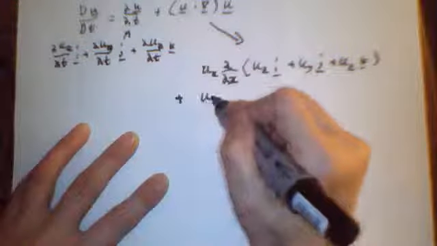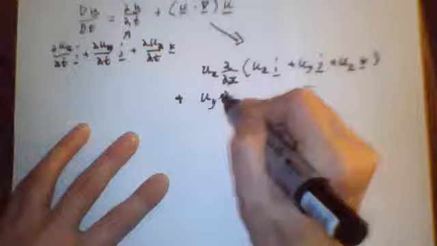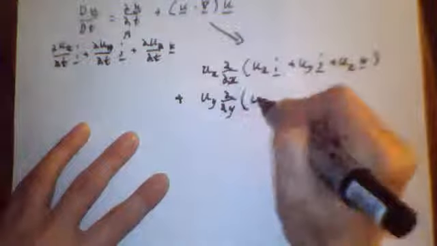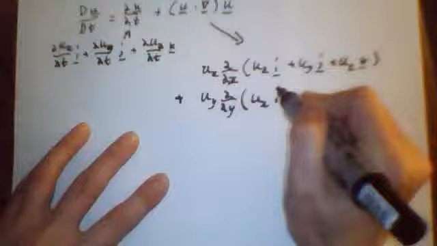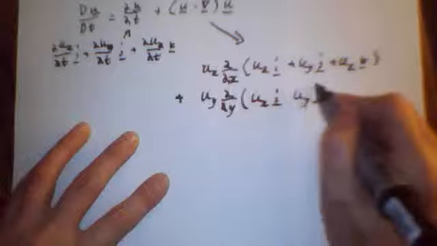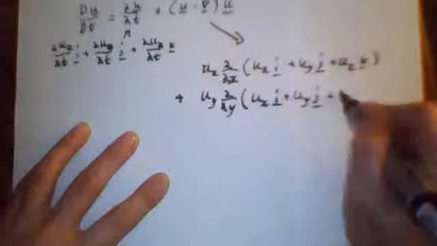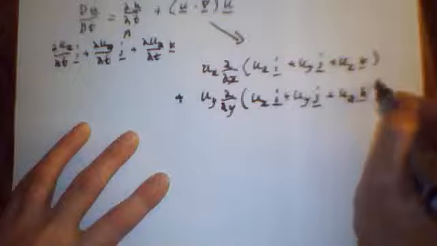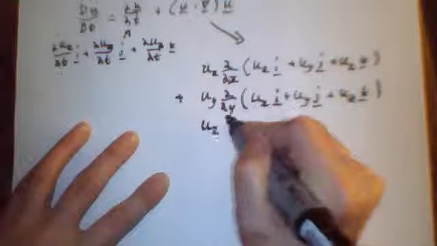And then you've also got u in the y direction, the gradient in the y direction, and you've got u again, because this whole operator is operating on u. There's the ux gradient x operating on u, and then the uy gradient y operating on u. Just write that in. And uz.